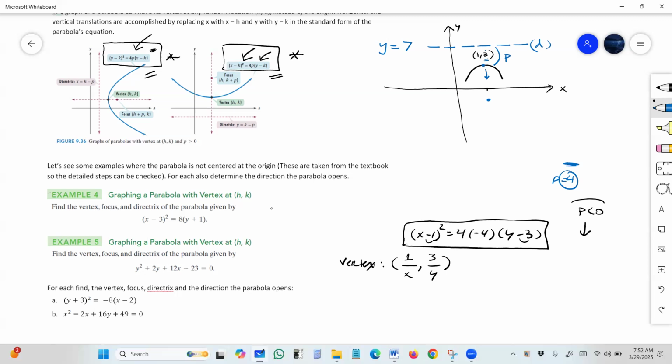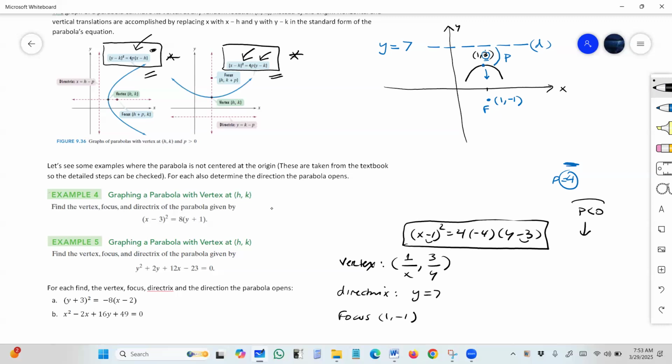So here is my focus, which is x of 1 and y of -1. Okay, 4 units below this value. So now I have everything. I have the vertex, I have the directrix equation, don't write the 7, only y equals 7, and the focus, which is 1, -1.